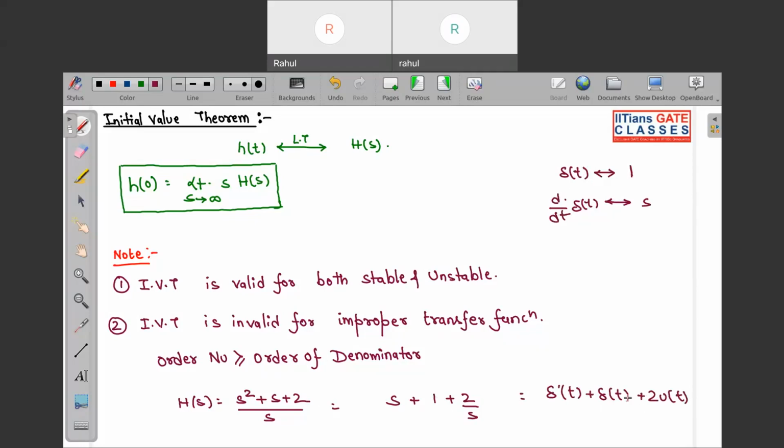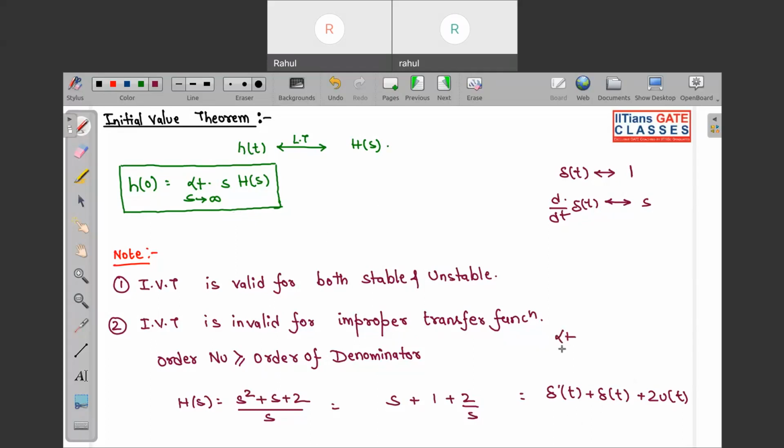At t equal to 0, delta t is infinite. That is why for an improper transfer function, the initial value theorem does not exist, because we will be getting infinity. But if you put in the formula, you might get one finite value.